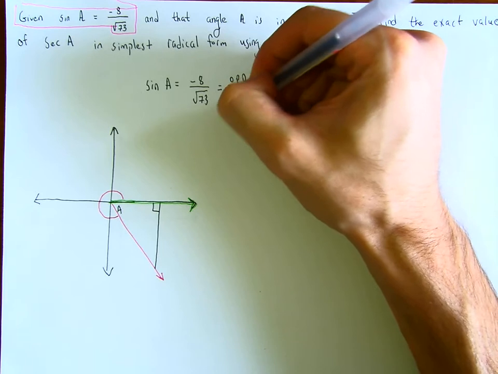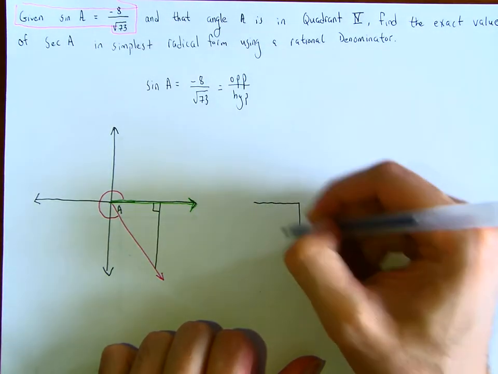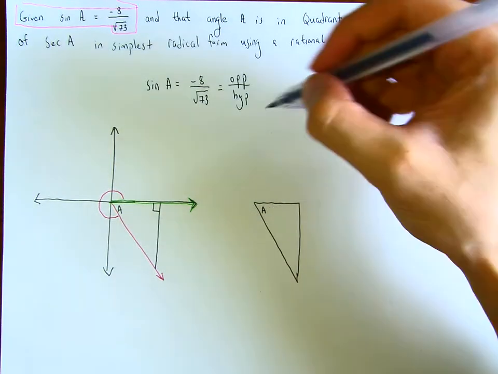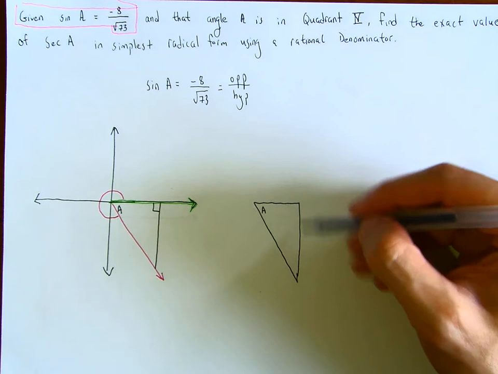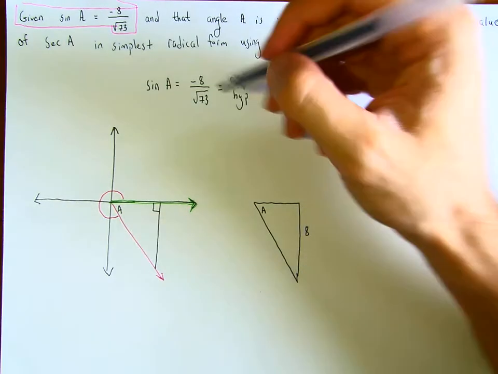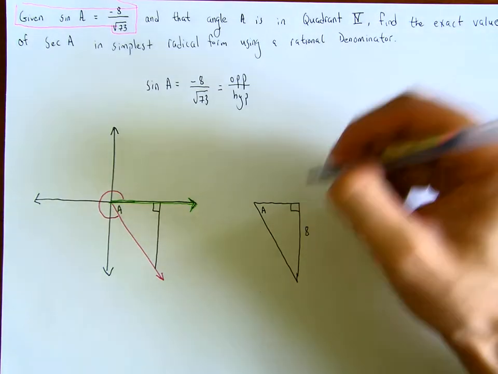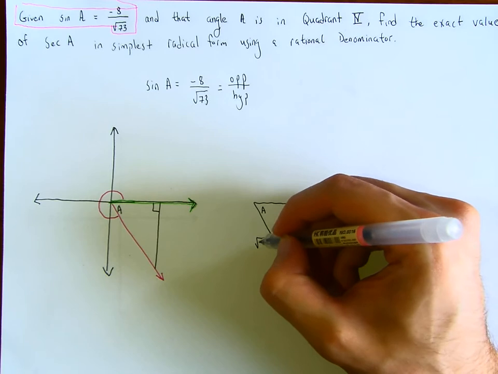Given this triangle, if this is angle A, what is opposite of angle A? It's this side here, and the distance is 8. We're not going to say it's -8. What is the hypotenuse of this triangle? It's opposite of the right angle, so this is square root of 73.